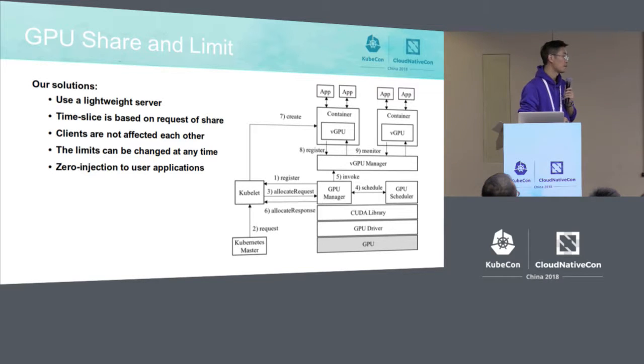For example, user A uses 0.3 while user B uses 0.7. With the NVIDIA solution, they give both users 0.5. User B may not be happy with that result, because they pay the cost of 0.7 but only enjoy the service of 0.5.